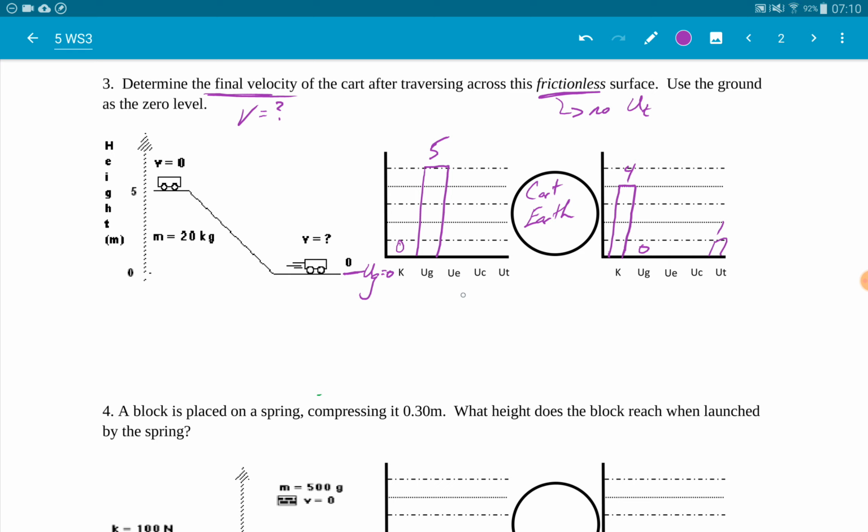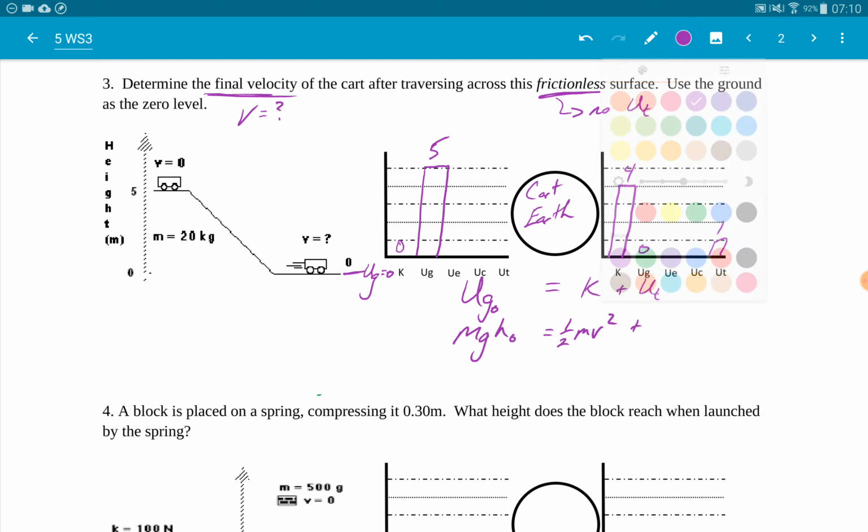So what is this saying? Well, the gravitational potential energy at the beginning is equal to the kinetic energy at the end plus my thermal energy at the end. Now, if I plug in all of my equations like before, this is mgh naught, and this will be 1/2 mv squared plus, wait, do we have an equation for this?